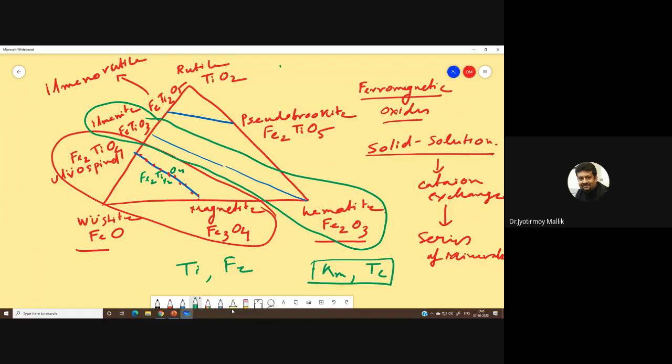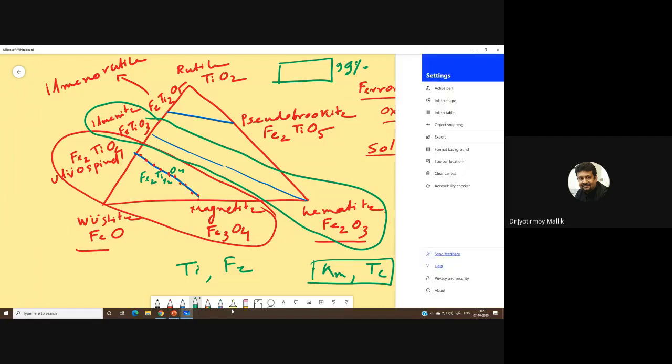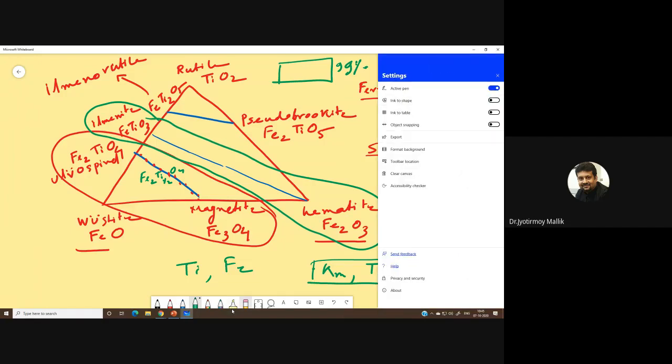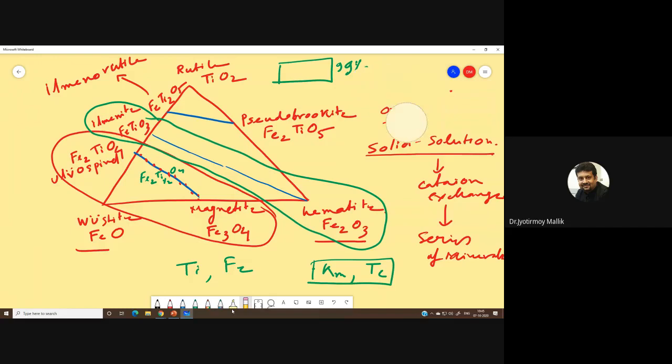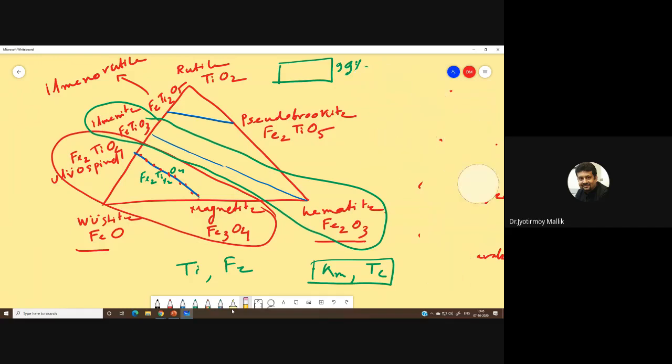So if I am looking at a sandstone which is 99% quartz, a sandstone which is SiO2, right?